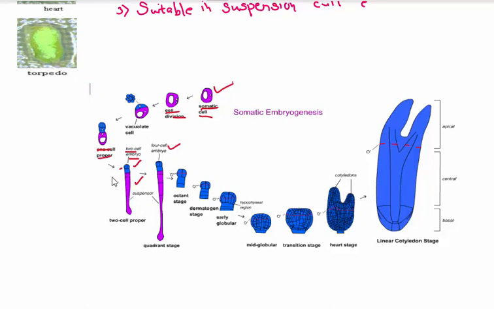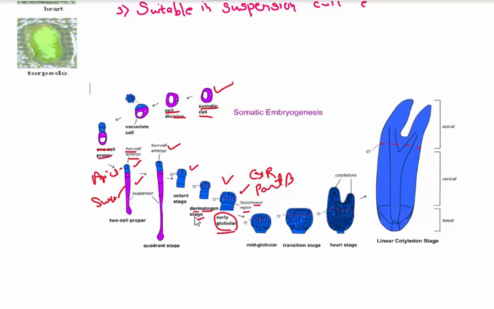This is the apical part and this is the suspensor. Okay. Then the four cell embryo, then the octant stage, then comes the dermatogen stage. This part was a question on CSIR NET part B, that the hypophyseal region is found in which stage of somatic embryogenesis. So the answer is the globular.